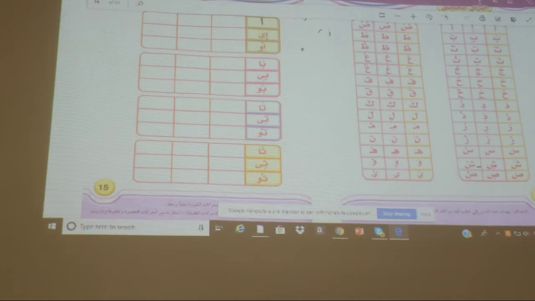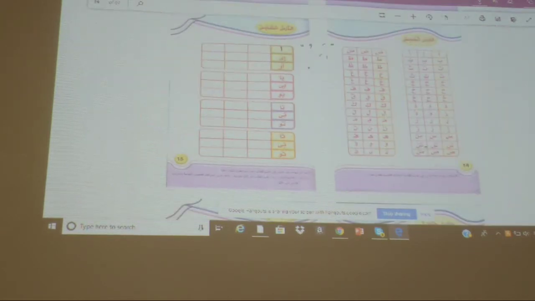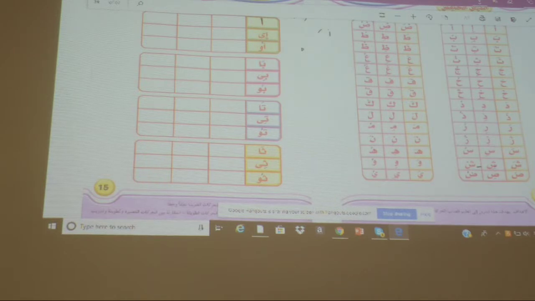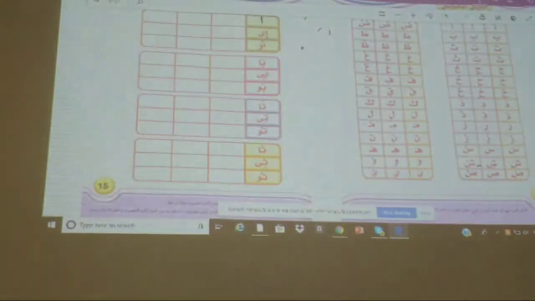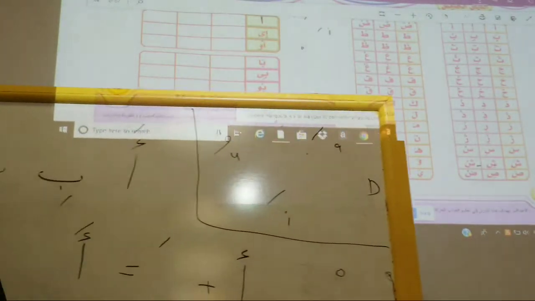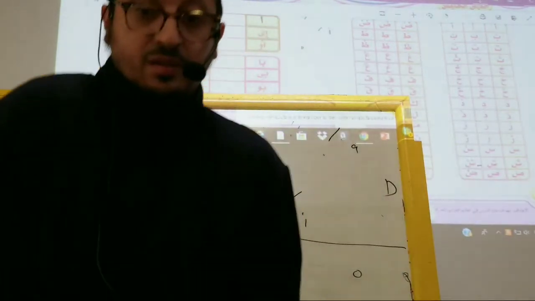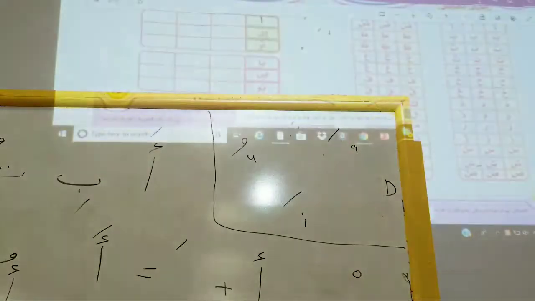Okay, the long vowel, the difference is, okay, let me just say something. So we have in the Arabic language, right? We have three. Can you see this here? How is it on the screen?